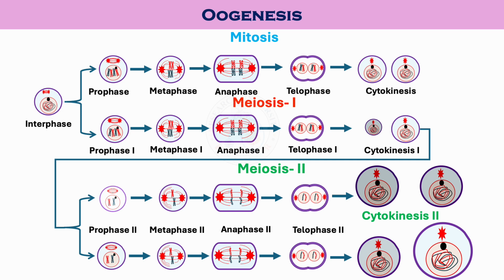As I told you previously, during meiosis 1 we received one secondary oocyte and one polar body. That polar body also produces two polar bodies during meiosis 2, and the secondary oocyte produces two daughter cells, one the polar body and the other the ovum. This ovum is involved in fertilization.